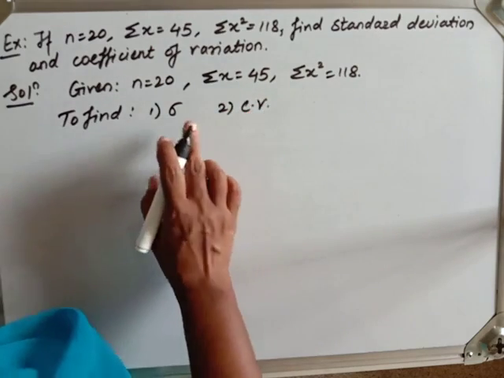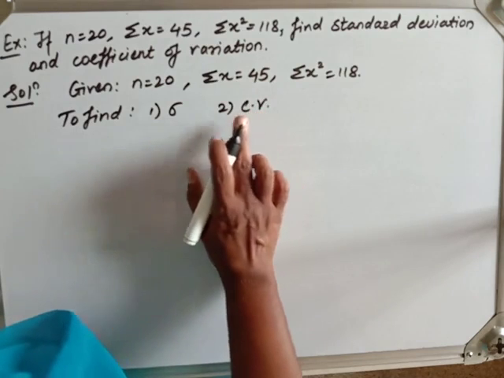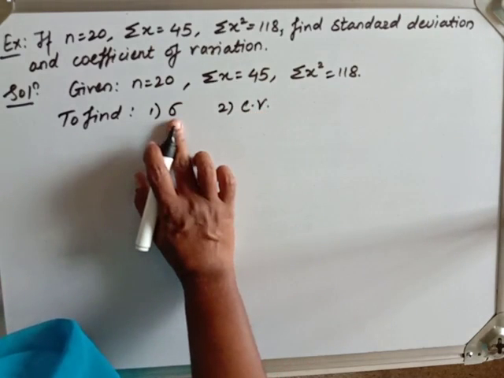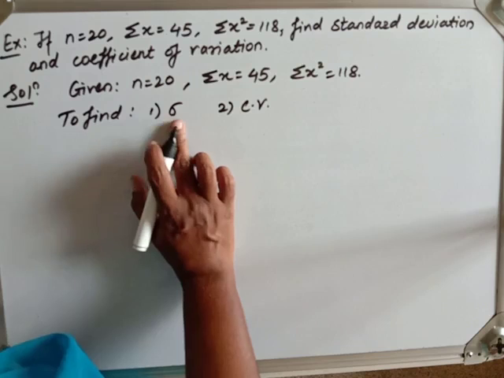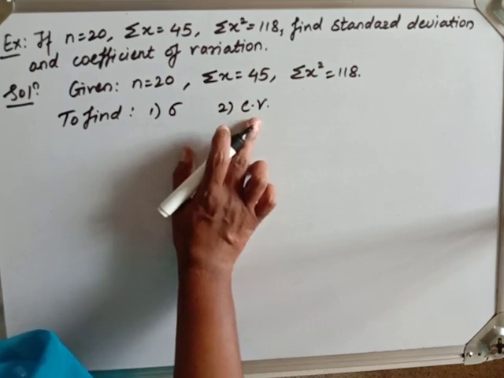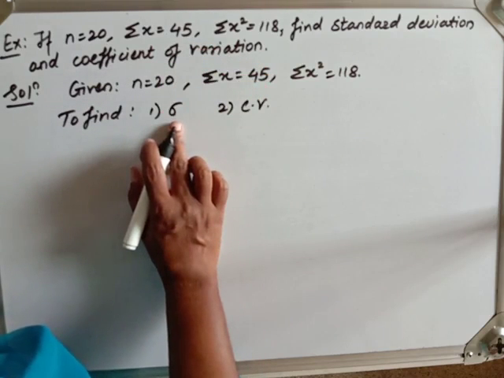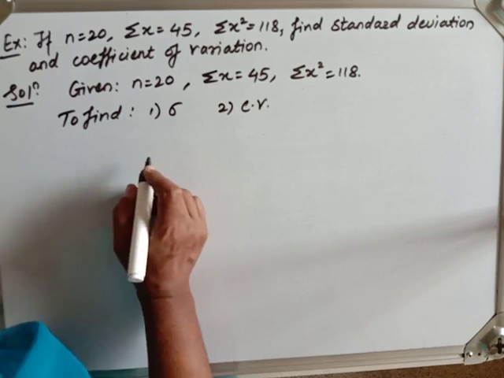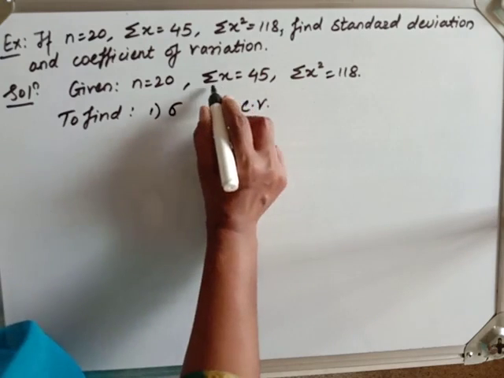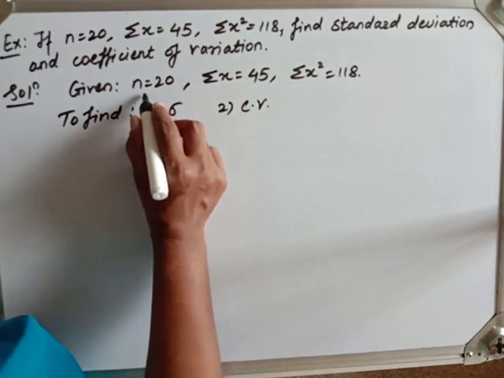To find the coefficient of variation, first of all we need to find sigma, the standard deviation, and also the mean. To determine sigma also we need to find the mean. The mean can be obtained using summation x upon n.